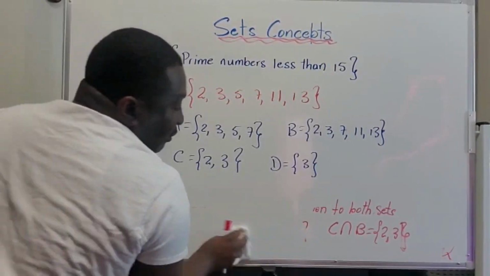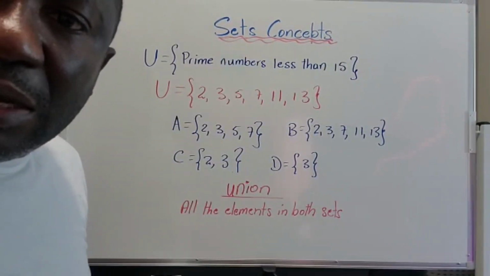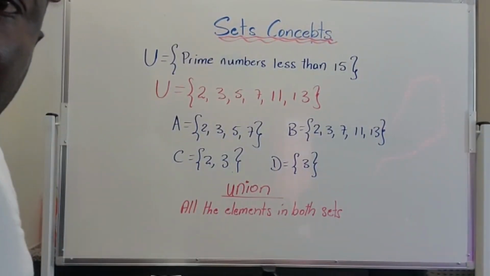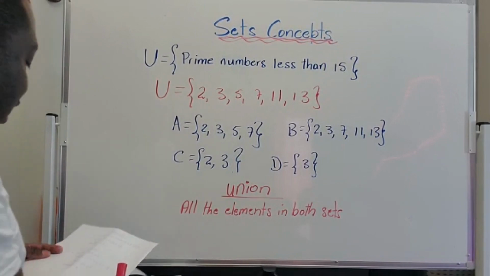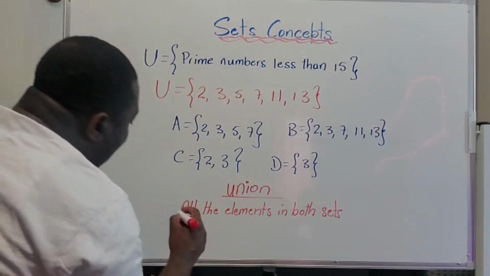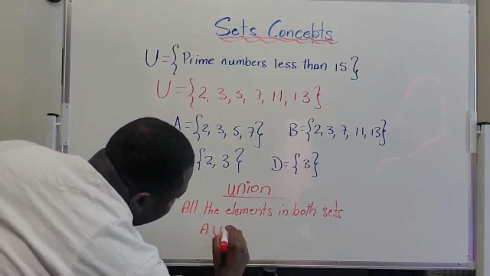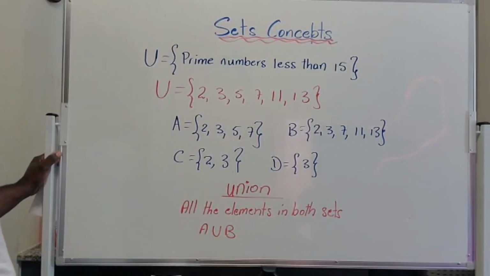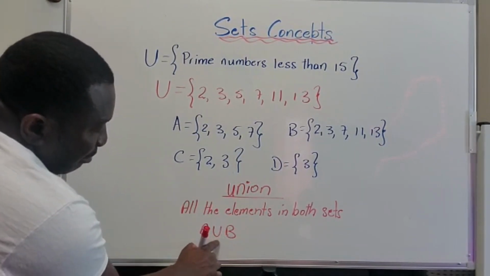Remember, you can always pause the video and go back. All elements that are in both sets, that's what we are looking for when we speak of union. And in this case, if I have here A union B, right, and I hope that you are paying keen attention to the symbol.